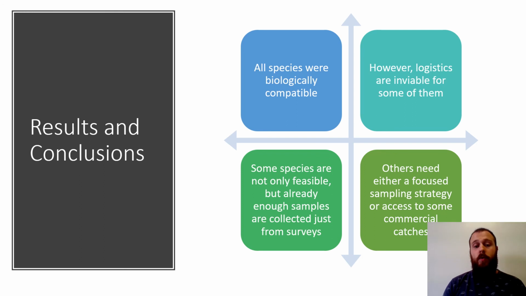Some species are not only feasible, and this is a point we would like to remark, but already enough samples of those species are collected right now just from surveys, without having to access commercial catches. Other species need either a focused sampling strategy or access to some commercial catches. But that way, they would be feasible too.